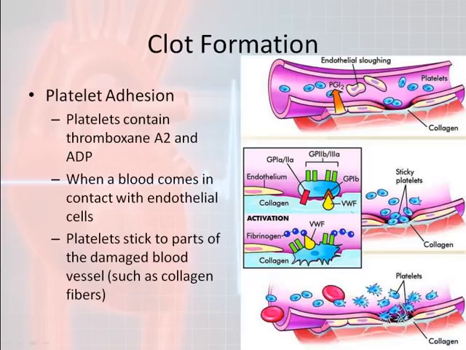This then causes the macrophage to release cytokines to call all these other cells in to start doing work. And that's the process that leads up to the clot formation.